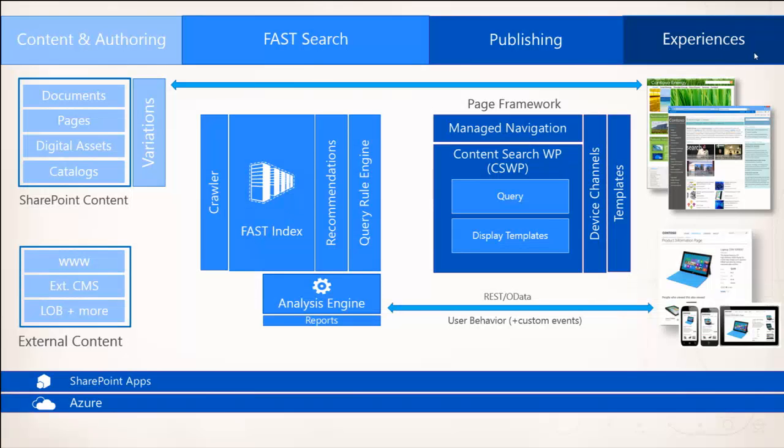And on the right side, you'll see the experience. You'll see the content search web part. And we're able to use this content search web part by hardwiring a query and a display template and surface that content in different settings, in different contexts. So for instance, for the .com site, we were showing the catalogs, the product items, the cameras, and big images. But for the knowledge portal, we were showing them in little images with videos.